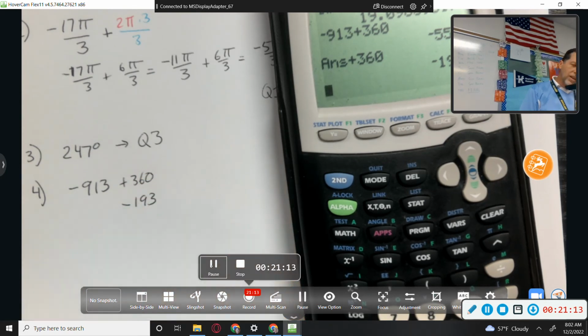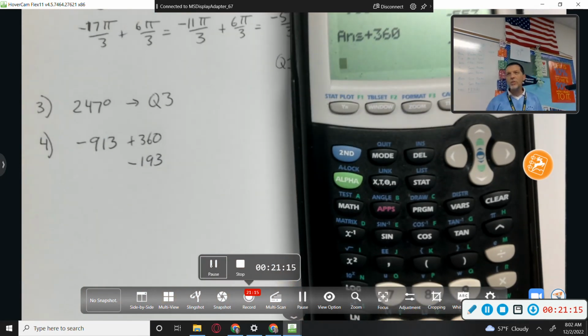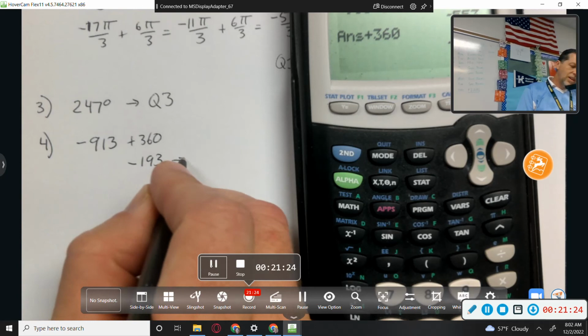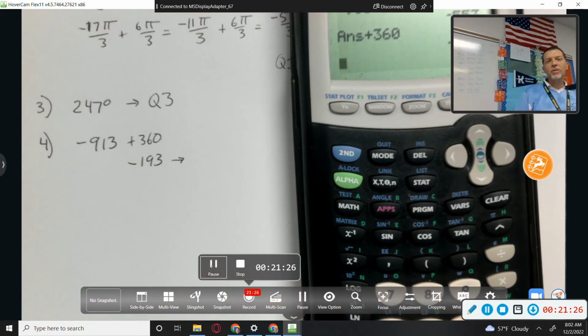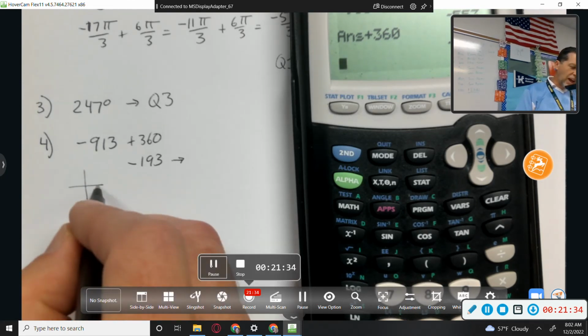Some of you are able to think backwards and figure out where negative 193 is. Anybody want to guess what quadrant negative 193 is in? 4? Oh, 3? Got all sorts of numbers. So negative means I've got to go backwards.